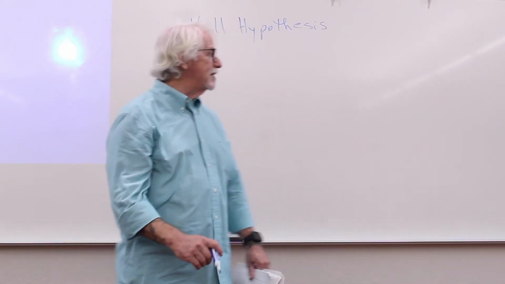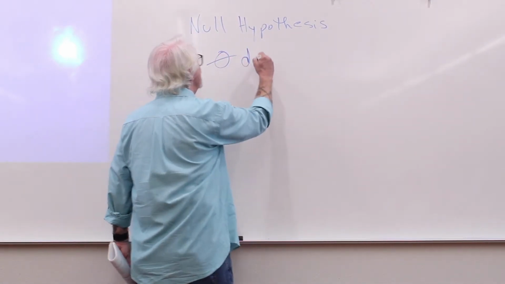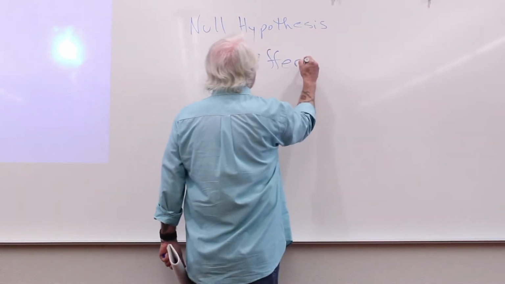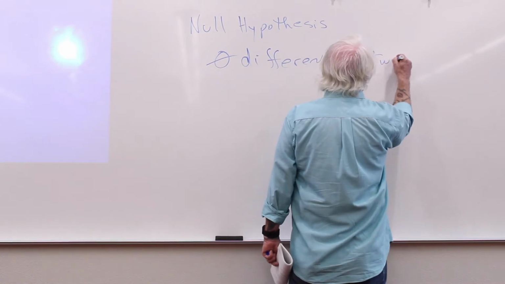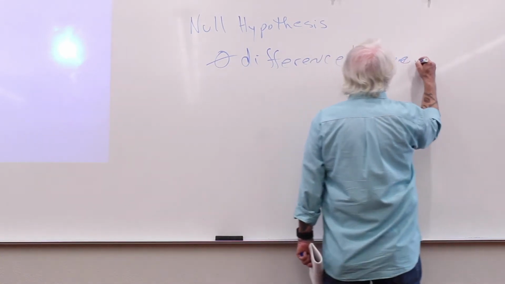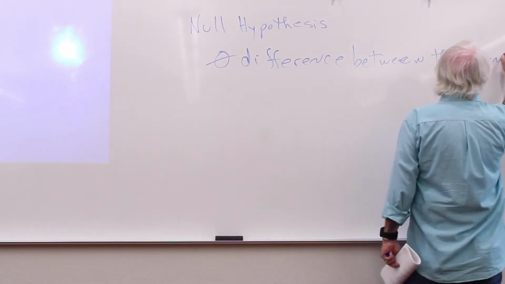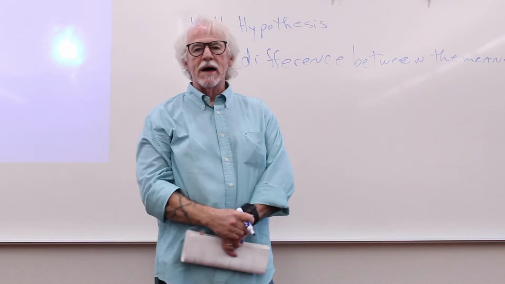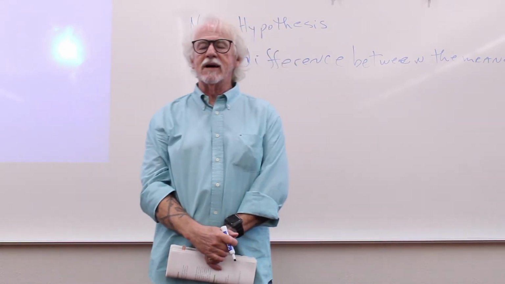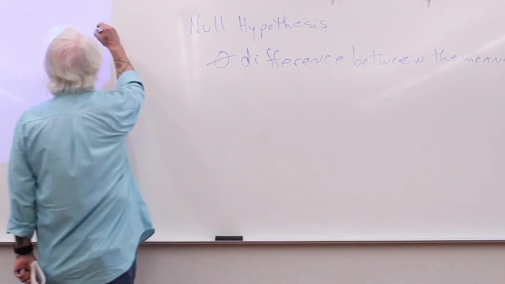So the null hypothesis states there is no difference between the means. Right? So no matter what, it would always balance out, right? And anytime there is, it's due to sampling error.